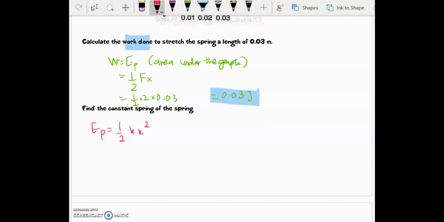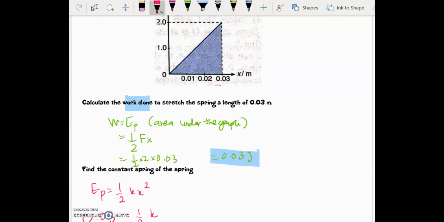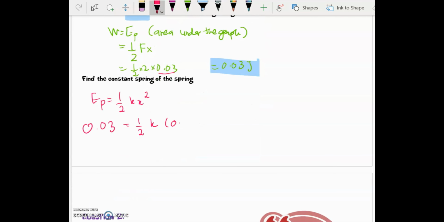Either one, since you already found the elastic potential energy in the previous question, which is 0.03, we can just substitute that in the formula. EP is 0.03 equals 1/2 times K times x. So x here, you can use the maximum value 0.03, because in the previous question you used 0.03. So x is 0.03 squared. So K here, you will get 66.67. So the unit is Newton per meter.